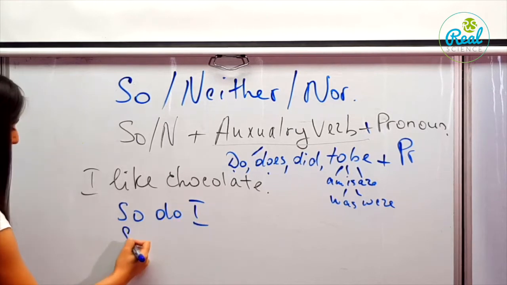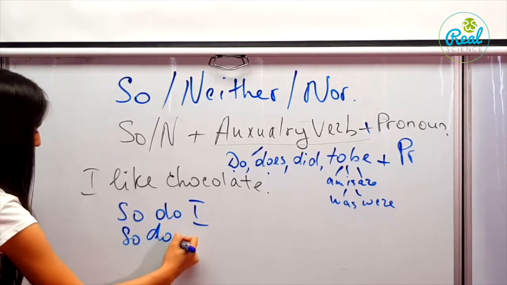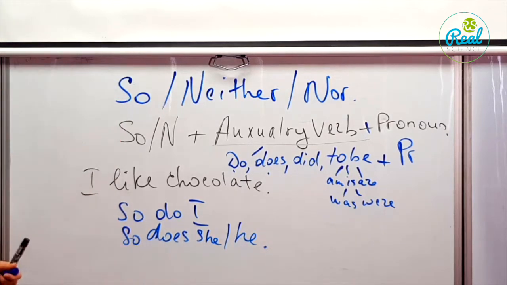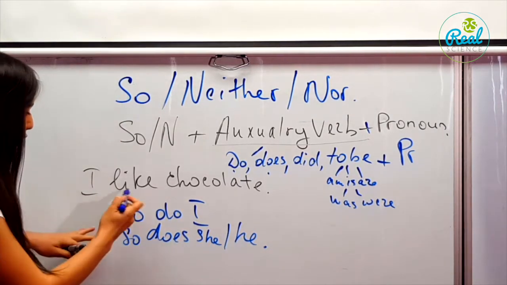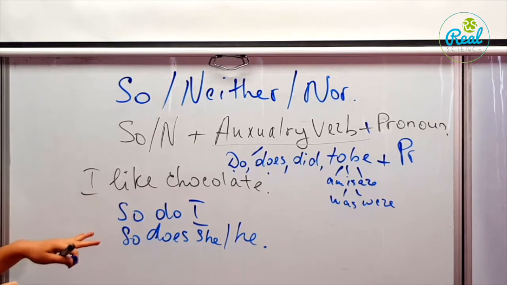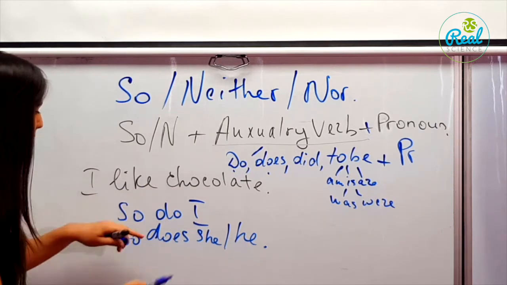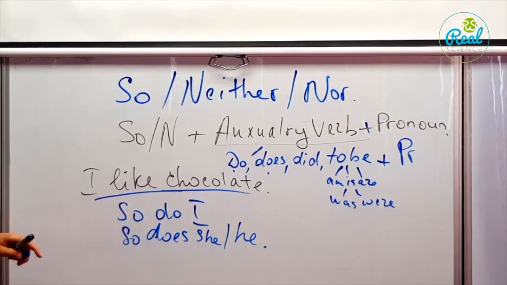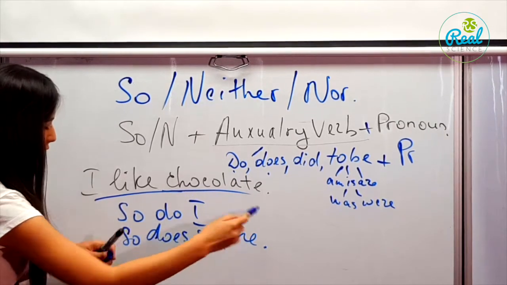If he, she, it, then "so does he," "so does she." Okay, good. So you have to find the auxiliary verb according to the tense and according to the pronouns also.